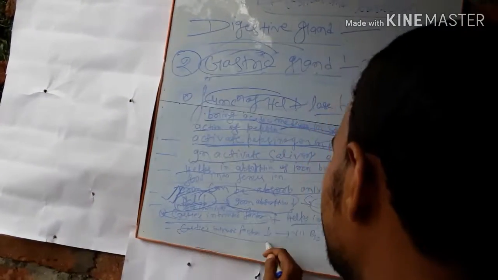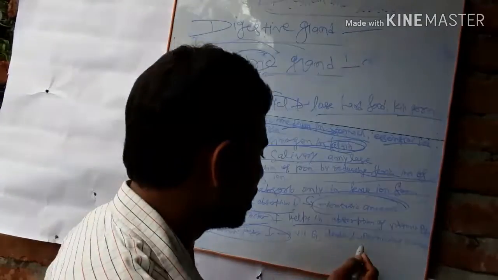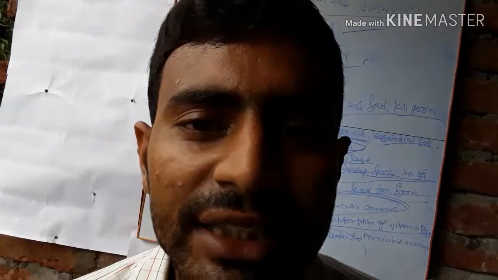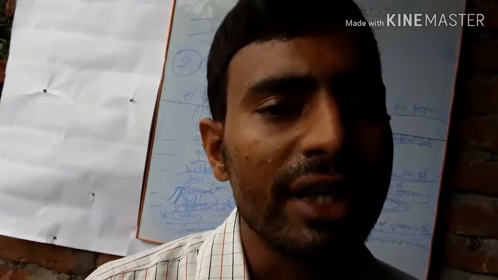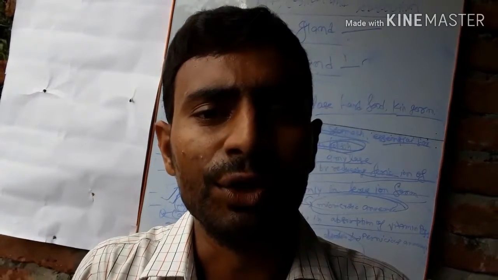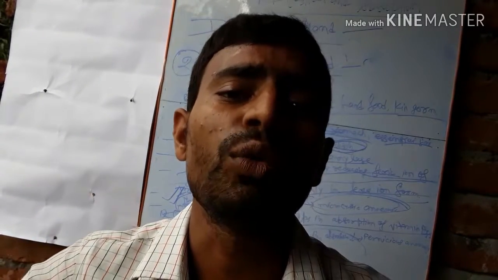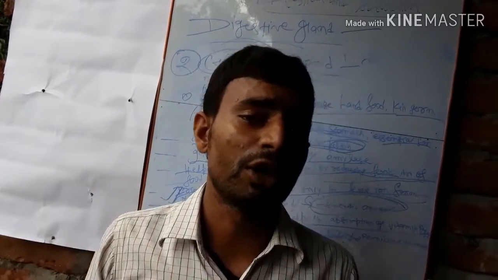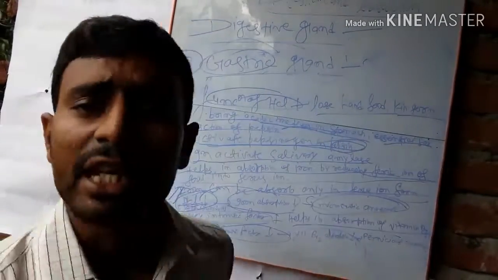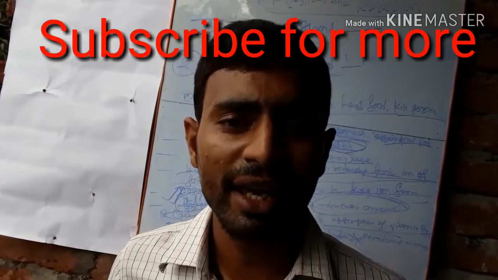If Castle's intrinsic factor decreases, vitamin B12 absorption also decreases. This means vitamin B12 quantity decreases in our body, and then pernicious anemia will happen.